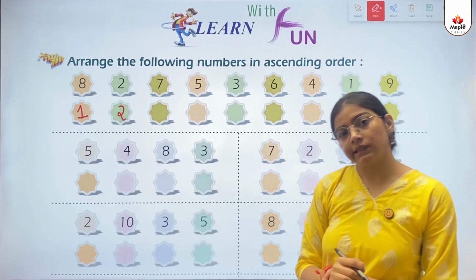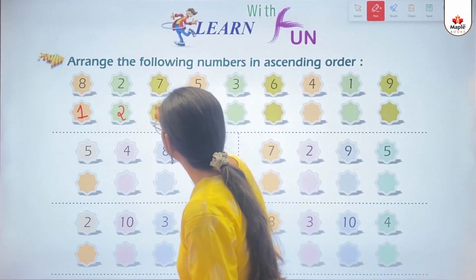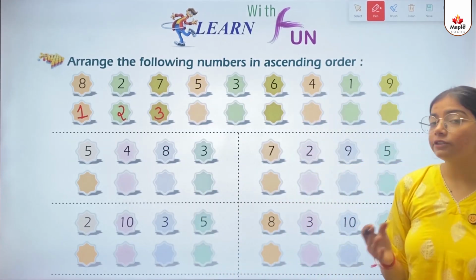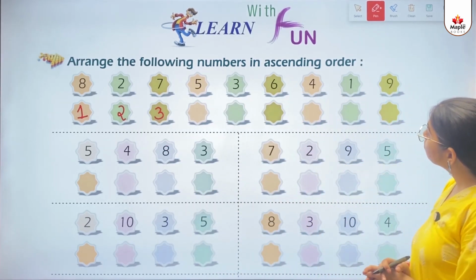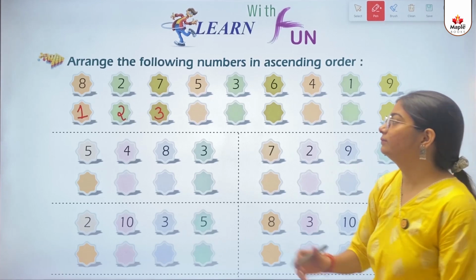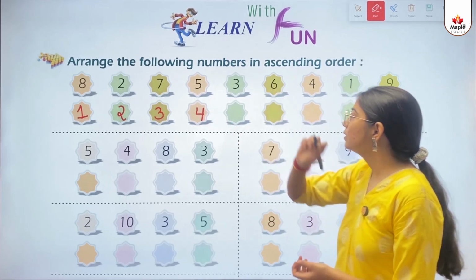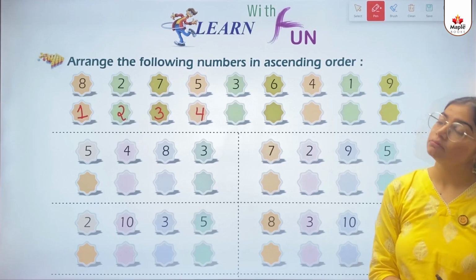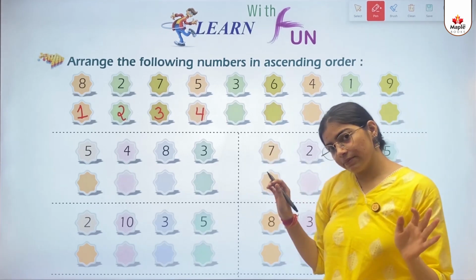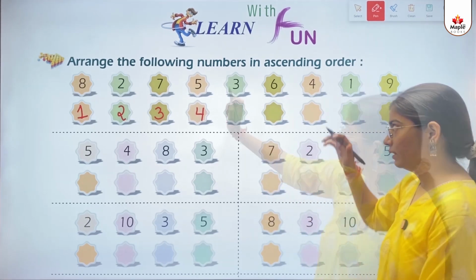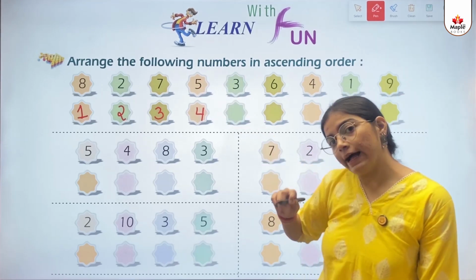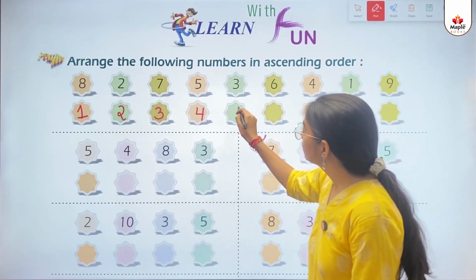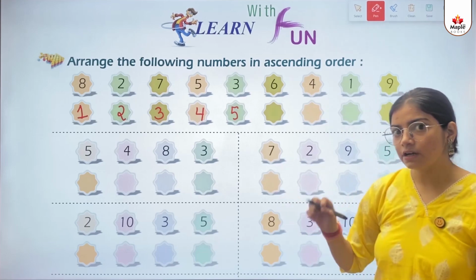Then 3. After 3, which one is the greater one? 4. Now, after 4, which one is the greater one? You just need to see the numbers and tell me. What is written here? 5. 5 is the greater one after 4.